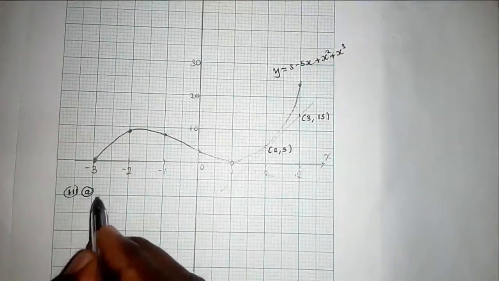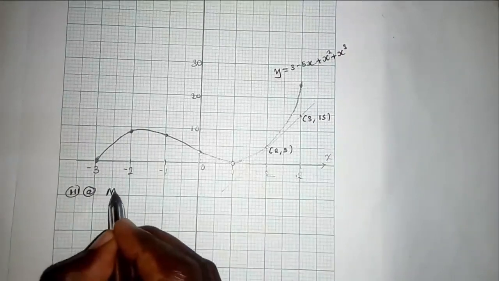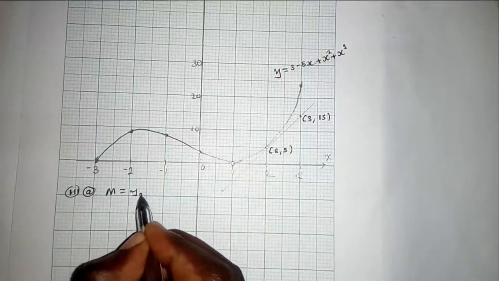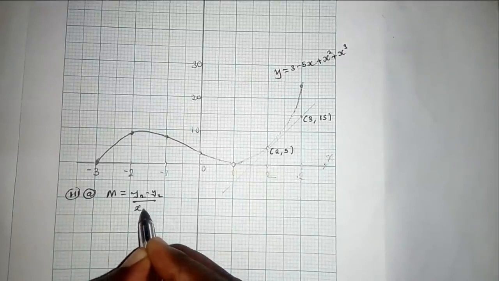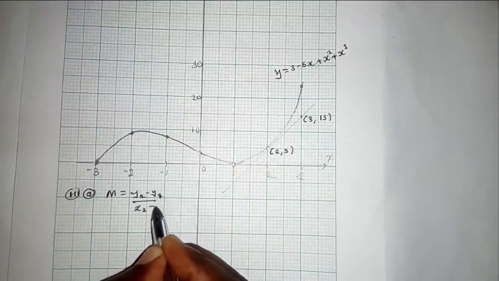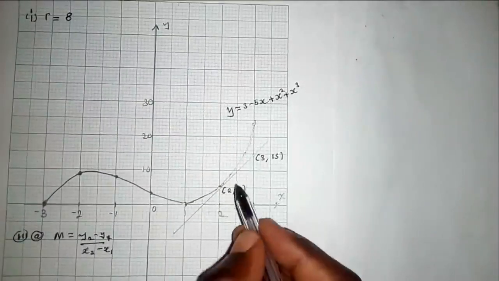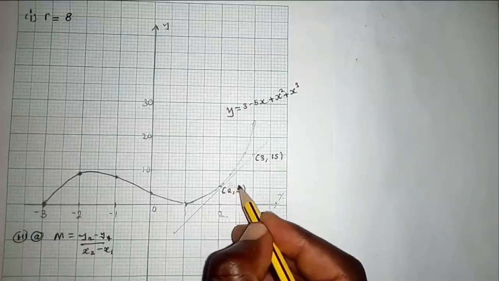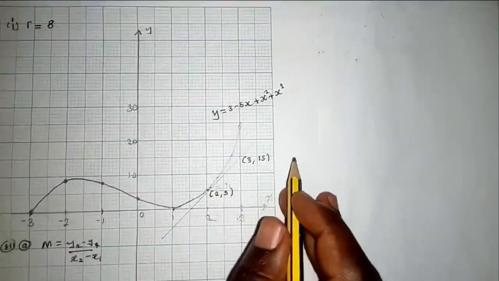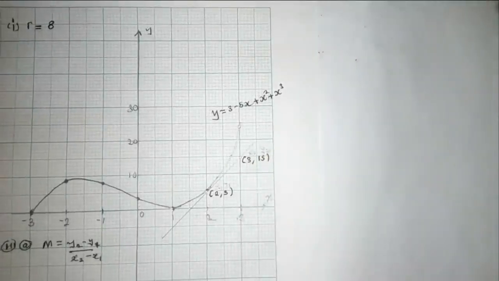This is 3a. So I'll use the formula for finding gradient. So this is the formula in case you don't know. And then here, I'll make it be x sub 1 and this y sub 1. This other one will be x sub 2, y sub 2.